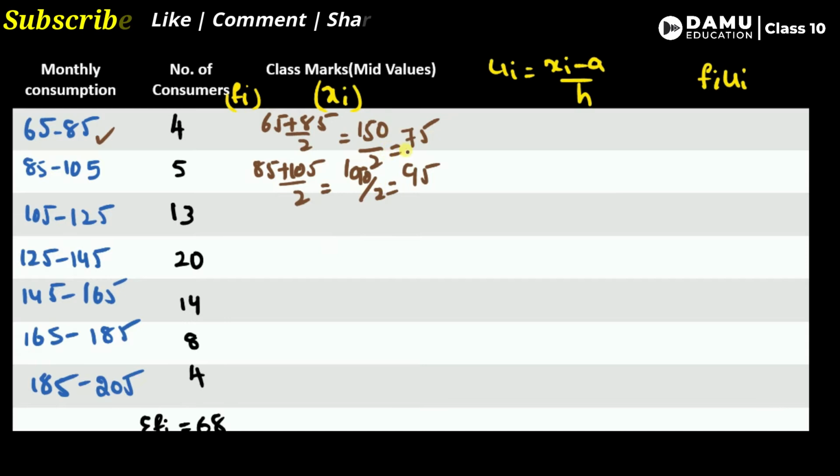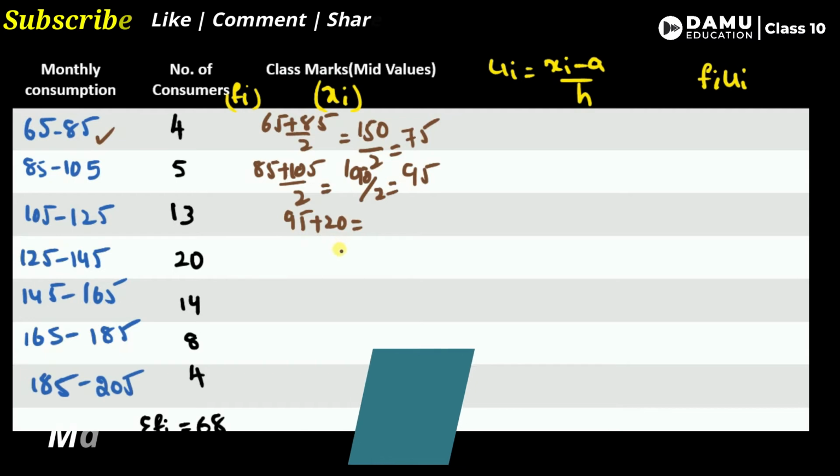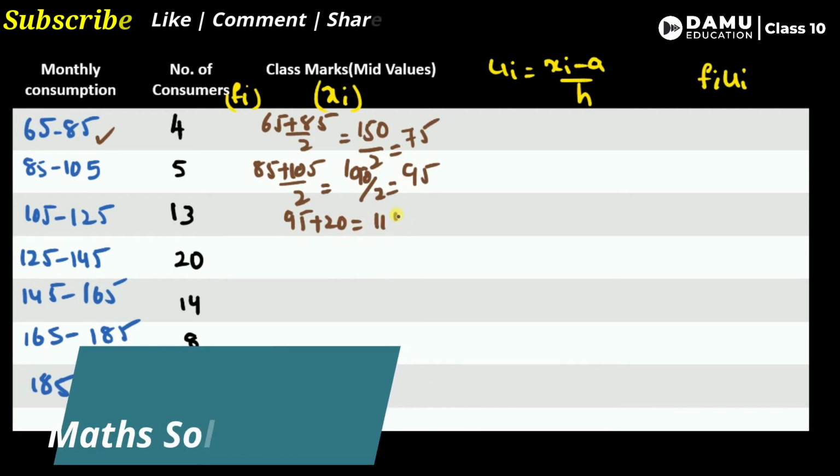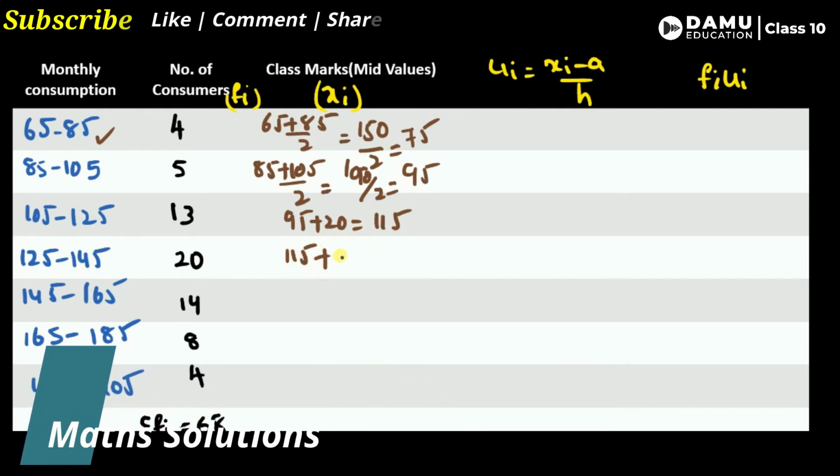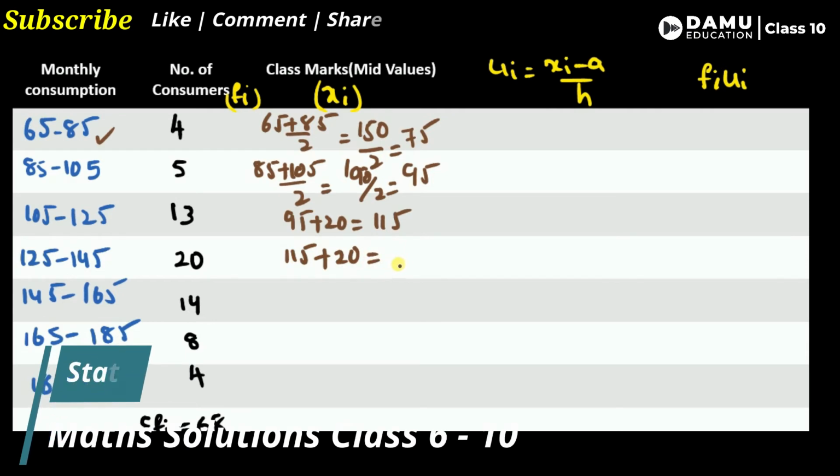If you add 20 to it, we will get the next answer. 95 plus 20, the difference, gives 115. Then 115 plus 20 gives the middle value 135.